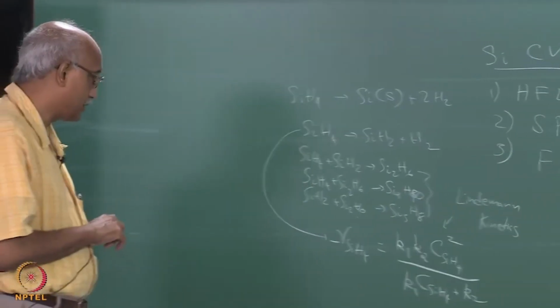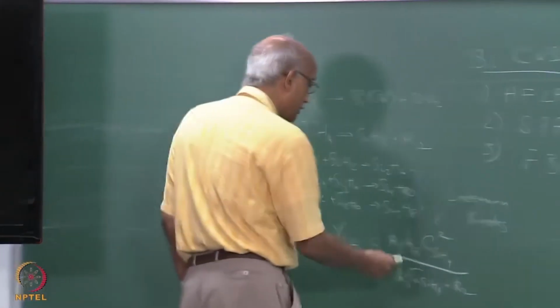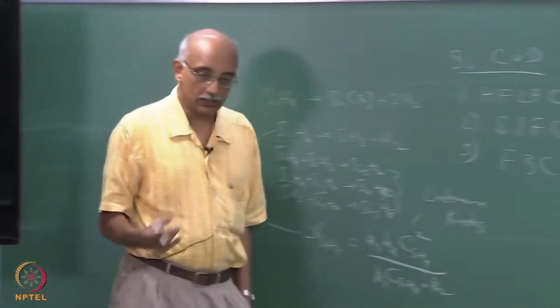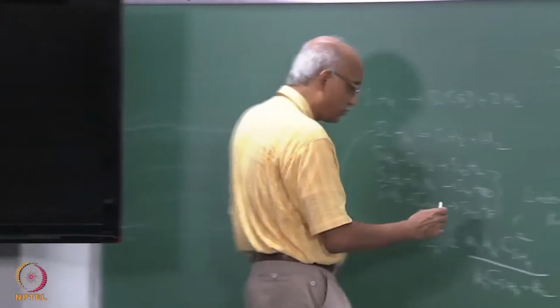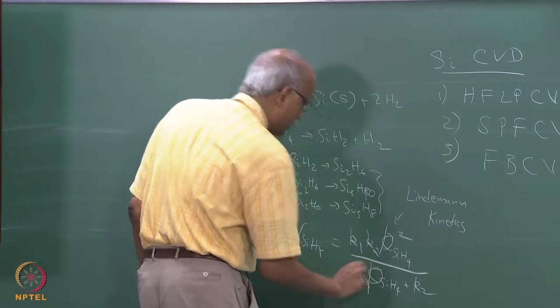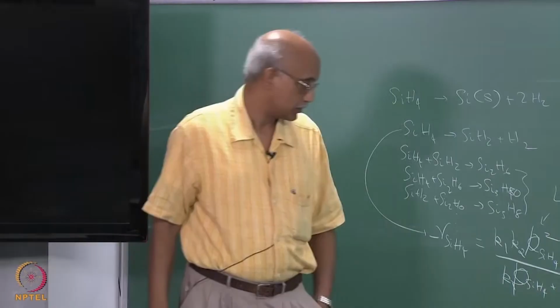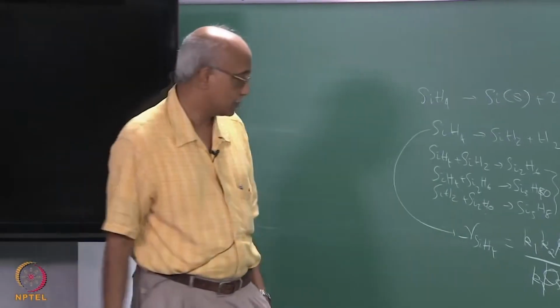It has the behavior that when the pressure, or concentration, actually this is written more in terms of partial pressures rather than concentration. So, it is K1 K2 P SiH4 squared divided by K1 times P SiH4 plus K2.